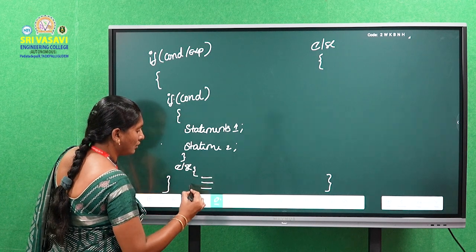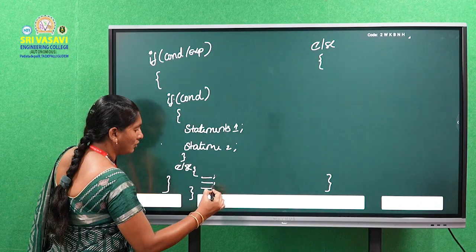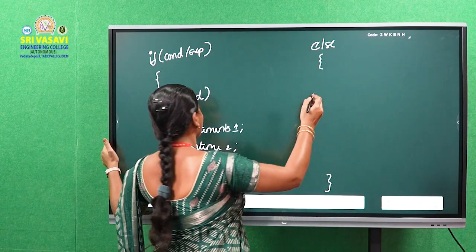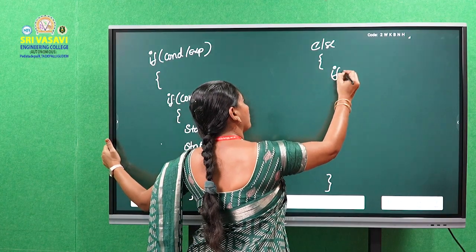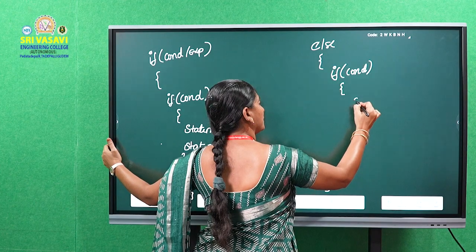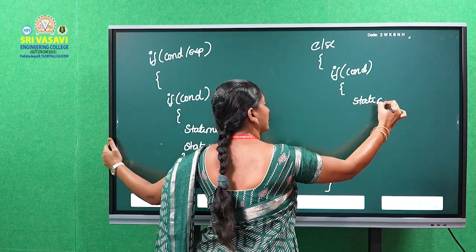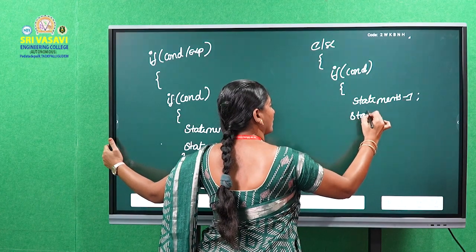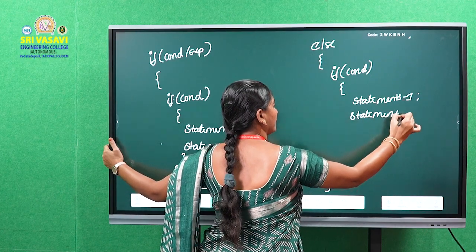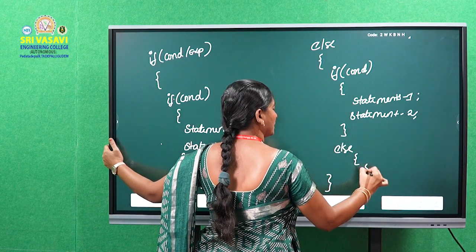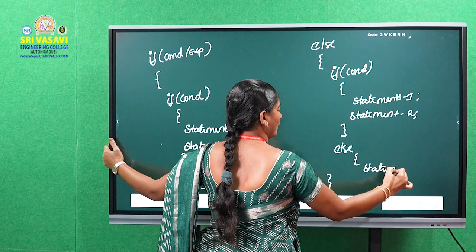So here also we will have n number of statements. Similarly, for else also you can include if. If the condition is true, we will execute some statements. If this condition fails, then we will execute the statements in else.